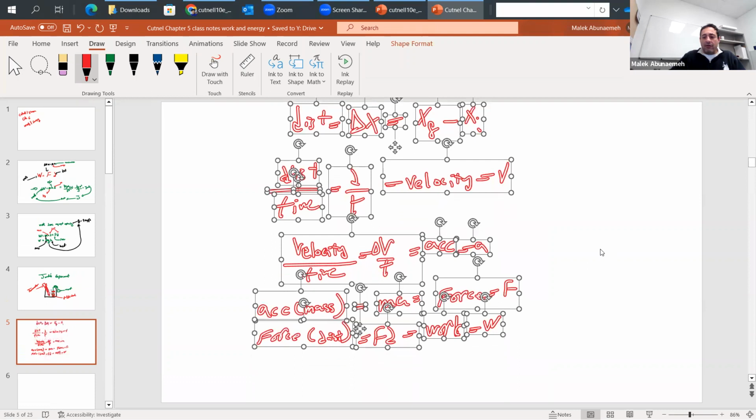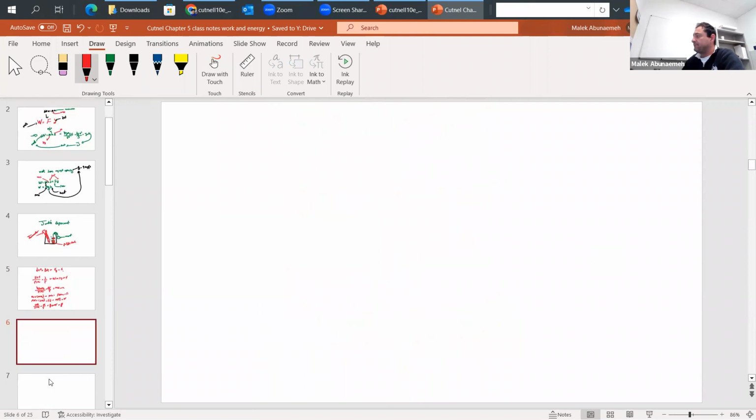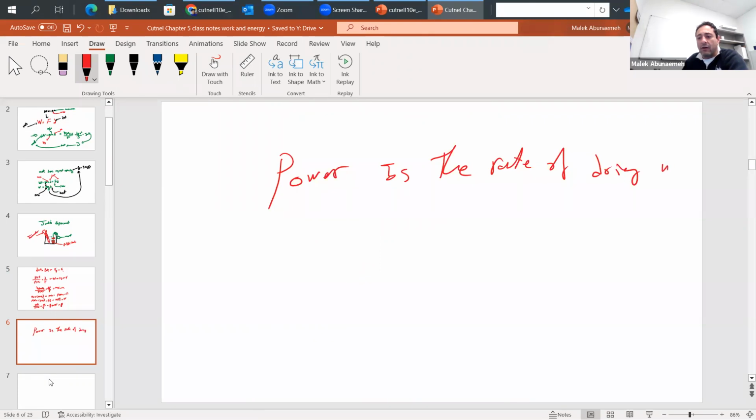You need power. And that's where we define power. You get the work divided by time, so your W over t, and that's going to equal your power, and we're going to give it lowercase p. So your power is the rate of doing work, and your power is going to equal your work divided by your time.